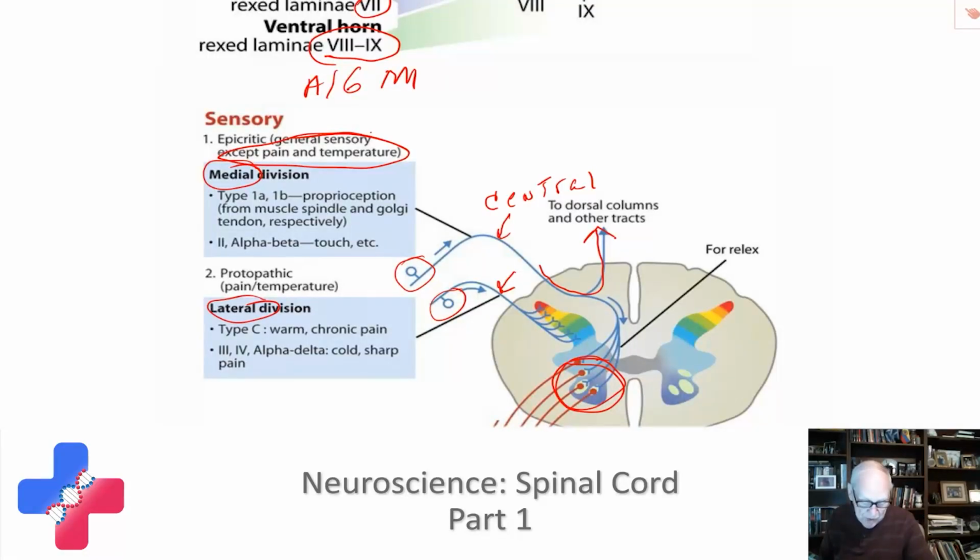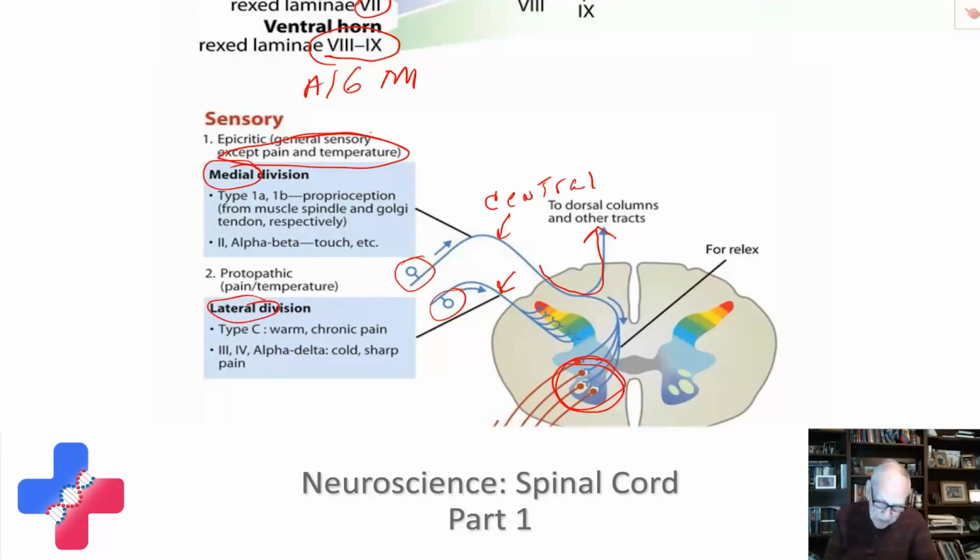So for touch, for vibration, for 2-point discrimination, and also for proprioception, the input from muscle spindles, all of that is going to be bypassing the dorsal horn, and most of the fibers will form long tracts.